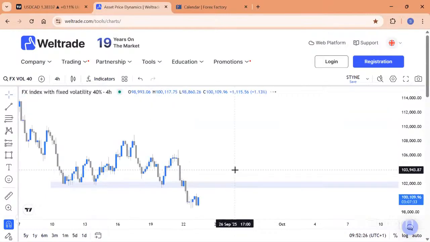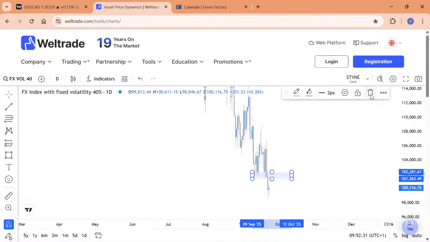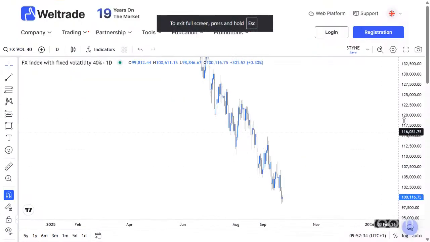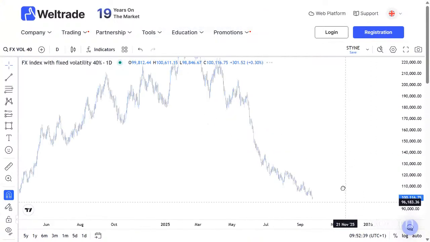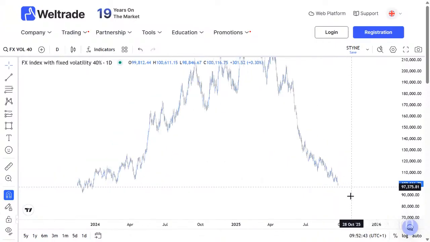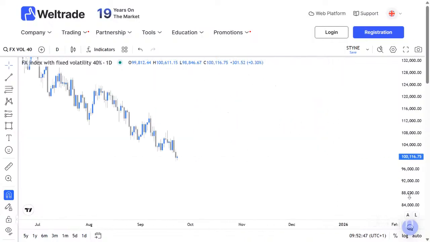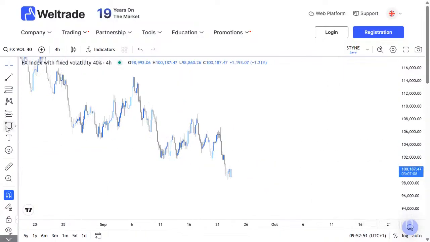Okay, FX40 has been selling. Let me make this full screen so that you can see more things. You see the way price has been trading FX40. I just wanted to spot something for us: amidst all of these sales, we can go to the 4 hours and spot this key level here.